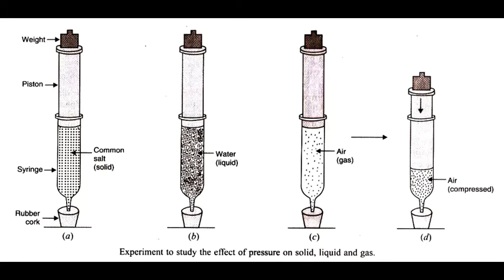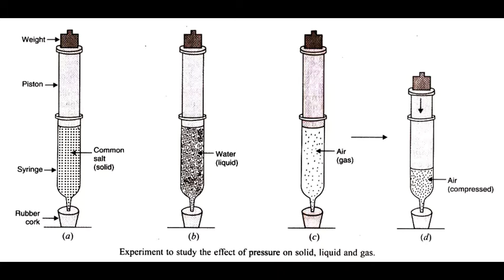In the first syringe, we put some common salt, which is solid. In the second syringe, we fill with water. And in the third syringe, we do not put anything, that is, it already has air in it, that is gas. Now we try to push down the piston.